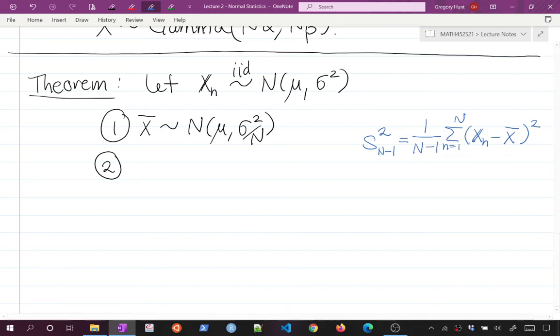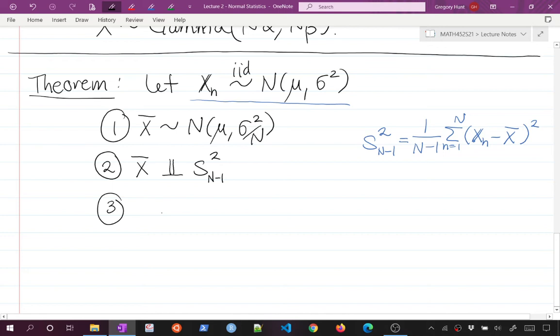Okay, just remember that. And it turns out that if our data is normal, which is the important assumption of the theorem, x bar is independent of s squared. That's only true for normal random variables.